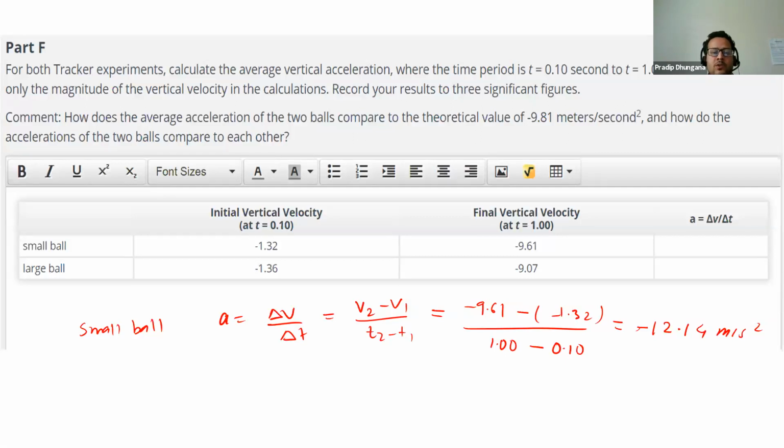And then similarly, you can calculate vertical acceleration for the large ball using exactly the same approach. I put the negative sign at the end because it's falling down. How does the average acceleration of the two balls compare to the theoretical value of negative 9.81 meters per second squared? You can see that we got a different result, and it was expected to be negative 9.81 meters per second squared.